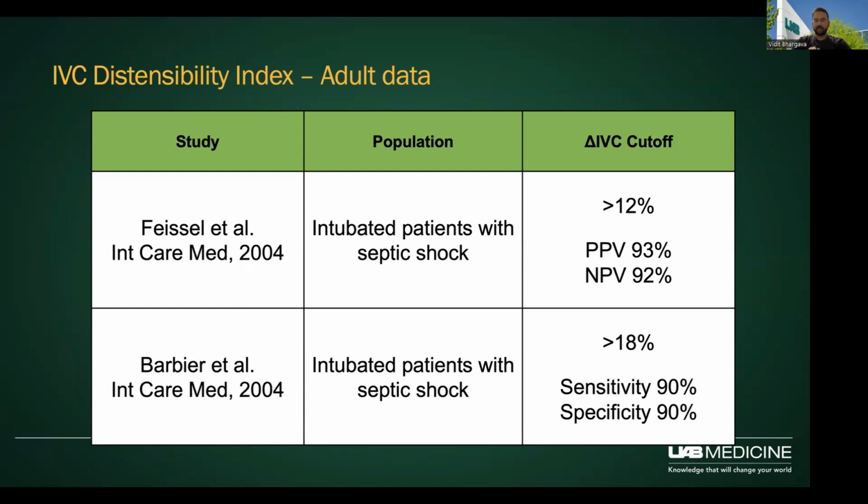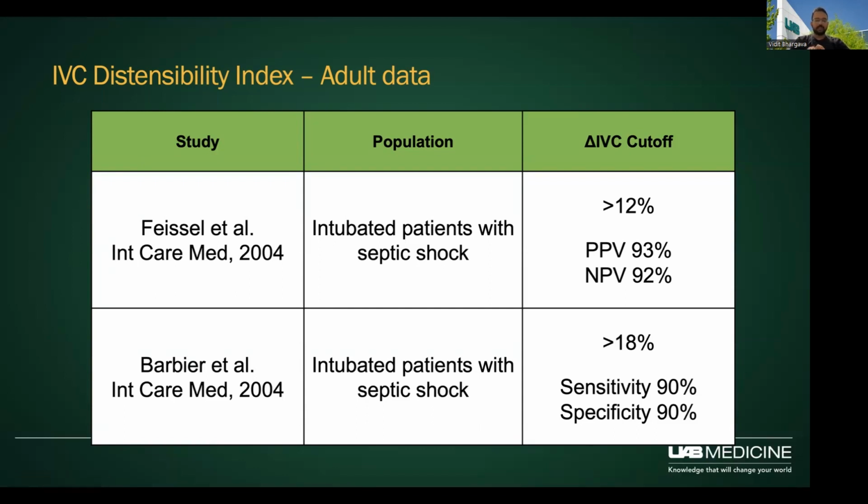They were completely synchronous with the ventilator and did not have any spontaneous breaths. They were ventilated with tidal volumes of 8 cc's per kilo. They didn't have any reasons which would falsely elevate the size of the IVC diameter.